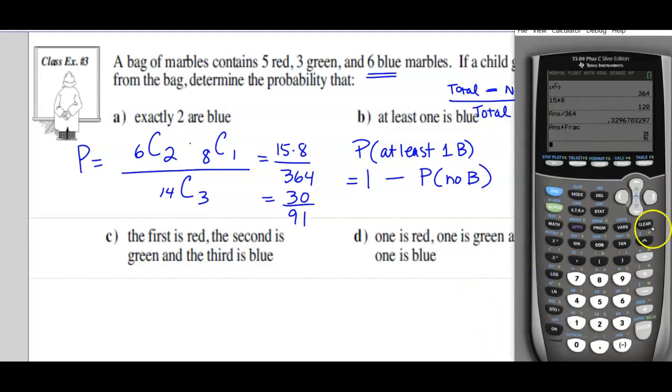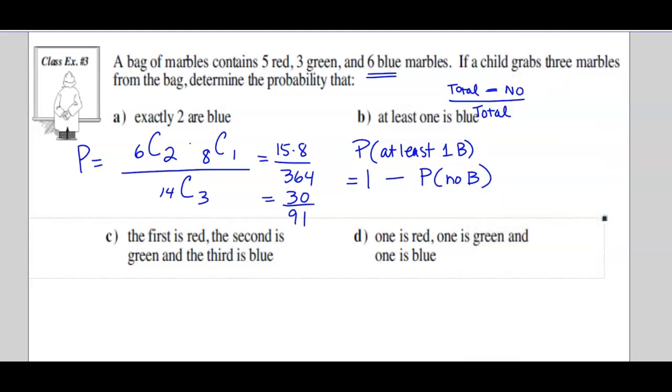Okay, so total minus no, you know your fractions, total over total is 1, minus none over the total is the probability of no blue. Okay, so no blue means it's got to be red or green, right? So that's going to be 8, choosing 3 of them, over the total, which is, what do we say, 14, choose 3.